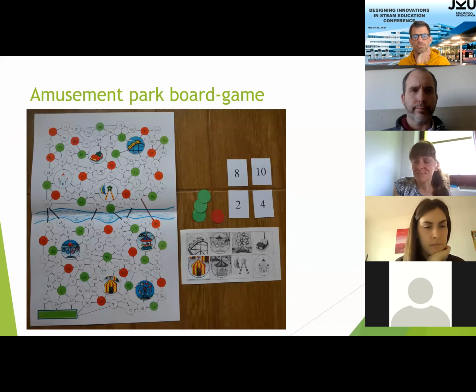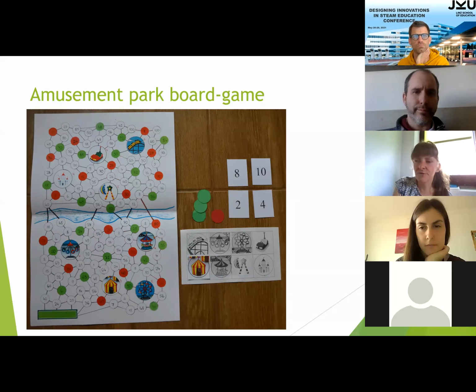And this is another game, and here I want to say very shortly about the design progress. At the beginning, I had cards with the results from the multiplication table, and the students had to have those 2 cards which gave the result, but the game was very, very slow. They were frustrated that they didn't get the right card.